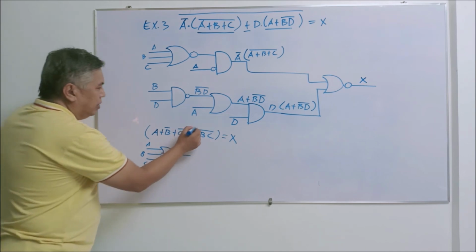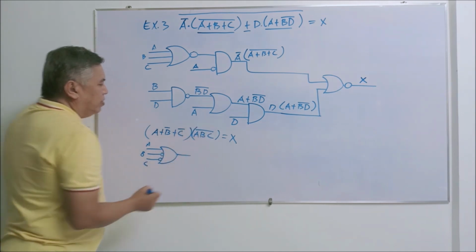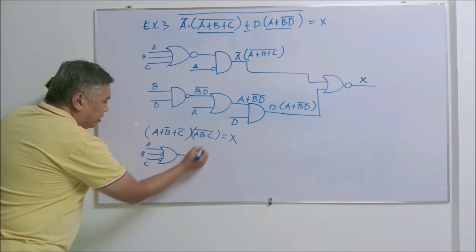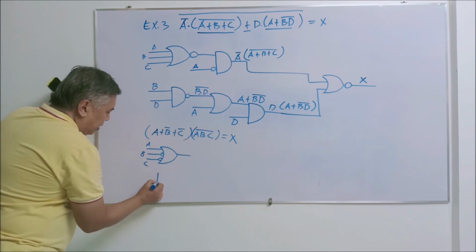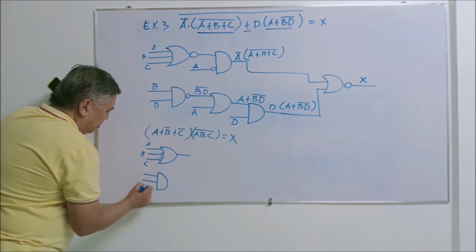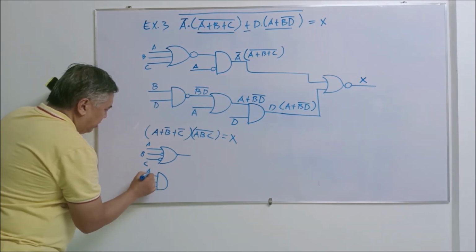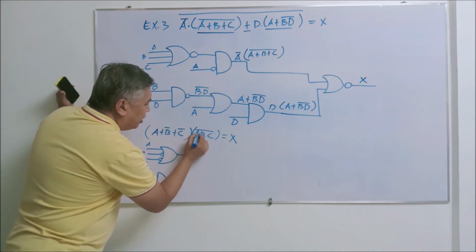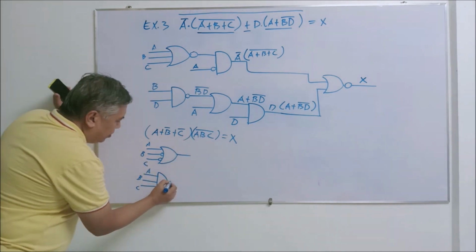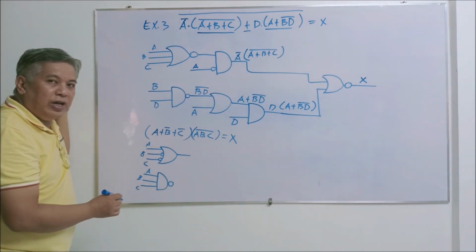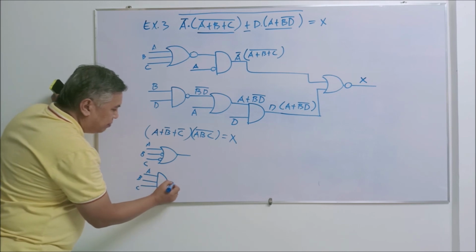And then you have ABC, multiplied to ABC. So you have this one here is a NAND gate. Okay, A, B, C. So take note that all of the variables are complemented. So the complement or the inverter is placed at the output part of the symbol.